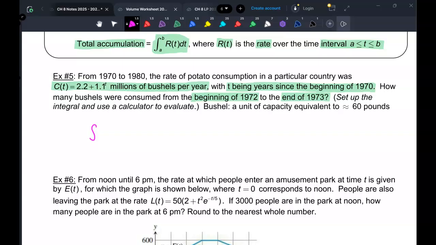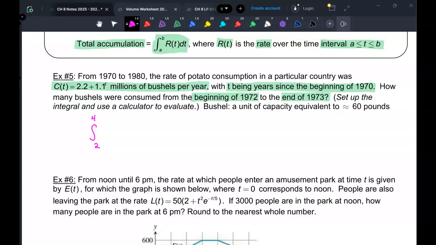Since t is measured from 1970, the beginning of 1972 will be 2, and it's over the course of 2 years, so the interval is 2 to 4. It does matter: if I did from 0 to 2, that would be 1970 to 1972, but t equals 0 corresponds to 1970.